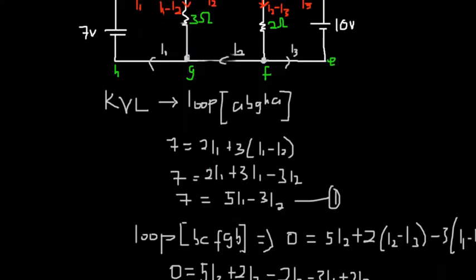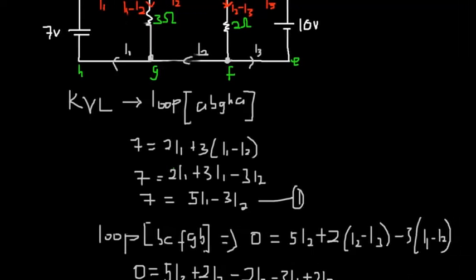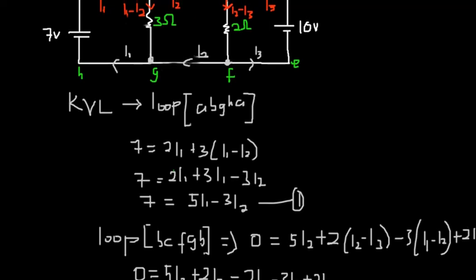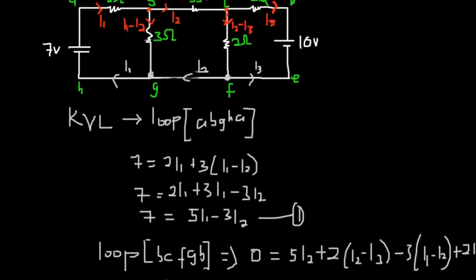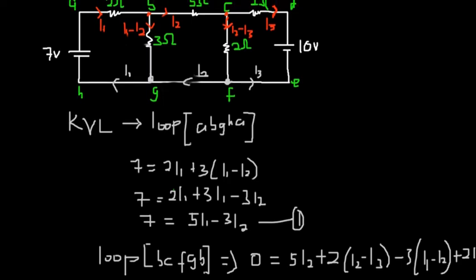We didn't add that 2I2. From here we have 2I2. Let me recheck again.